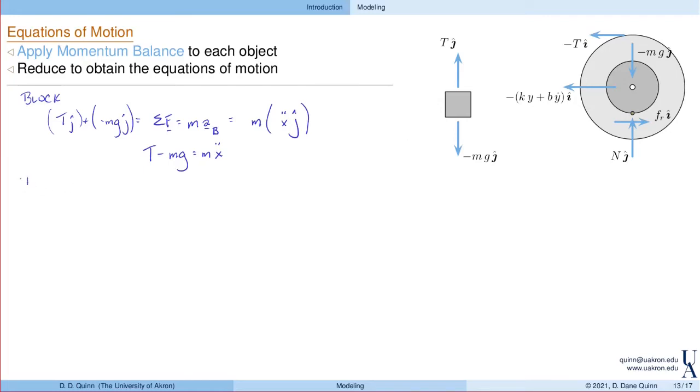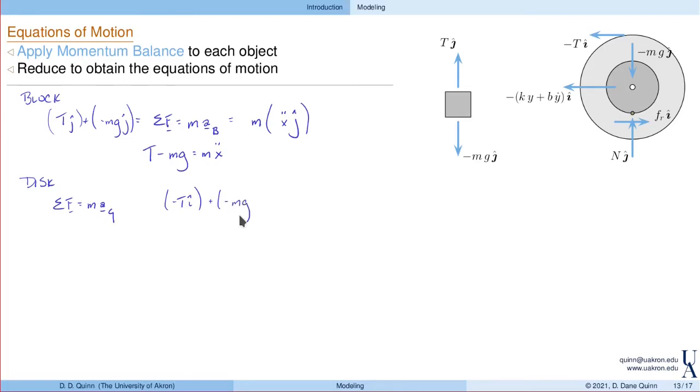What about the disk? Because the disk can rotate and translate, we need both linear and angular momentum balance. Linear momentum balance is the sum of the forces equals mass times acceleration of the mass center. Let's copy these forces over. So I have minus T in the I direction.